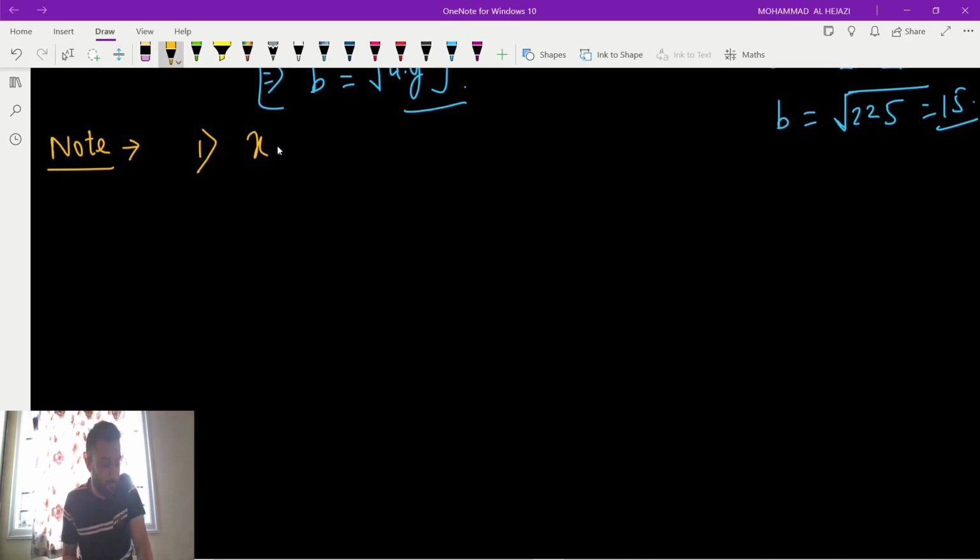Suppose they will ask what number must be added or what number must be subtracted. So what we have to find is that number, so we will take the number x must be added or x must be subtracted. Remember this, it is important. If they ask anything like what number must be added, what number must be subtracted, we will say that the number x must be added or the number x must be subtracted.